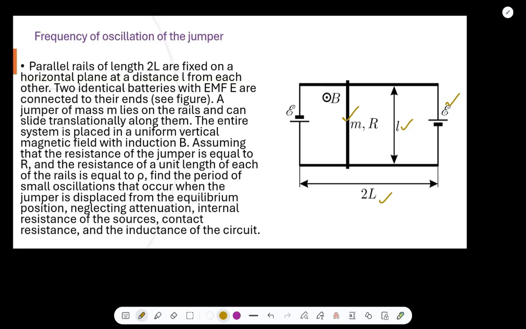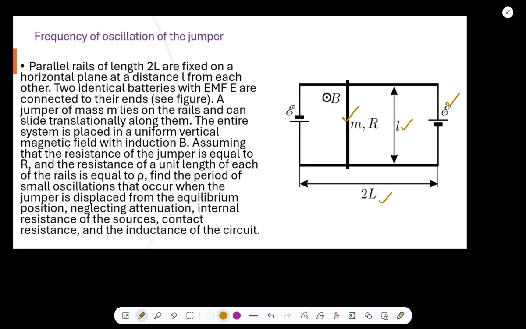Okay, I think there should be no friction. The entire system is placed in a uniform vertical magnetic field with induction B. Assuming that the resistance of the jumper is equal to R and the resistance of a unit length of each of the rails is equal to rho.